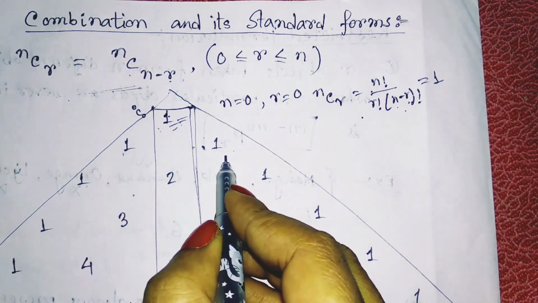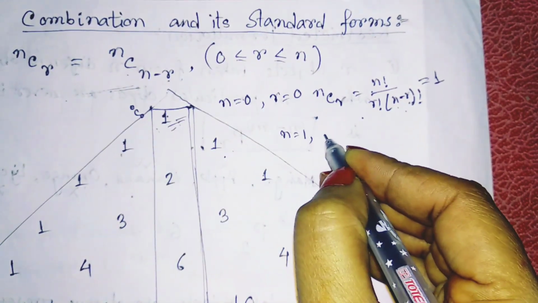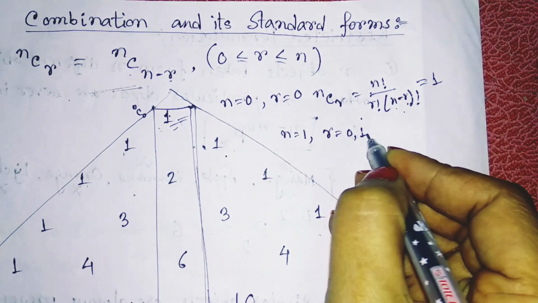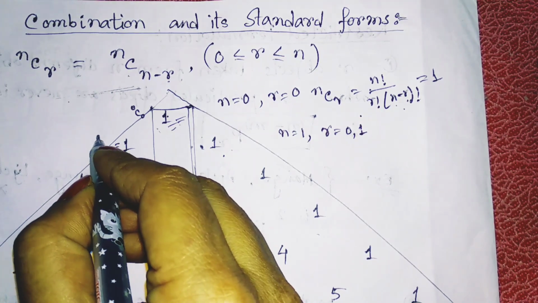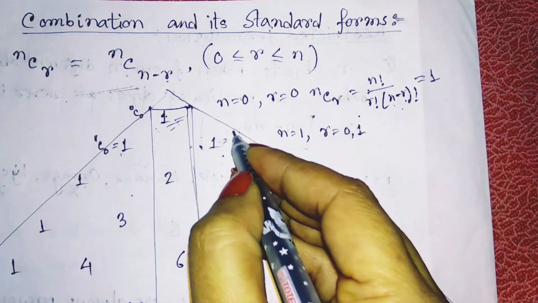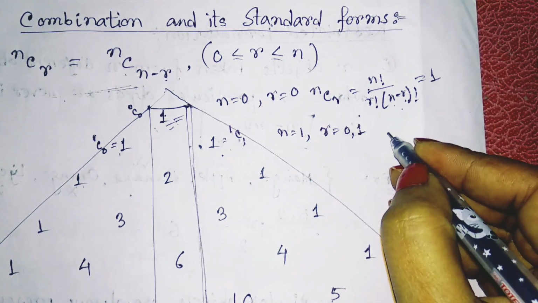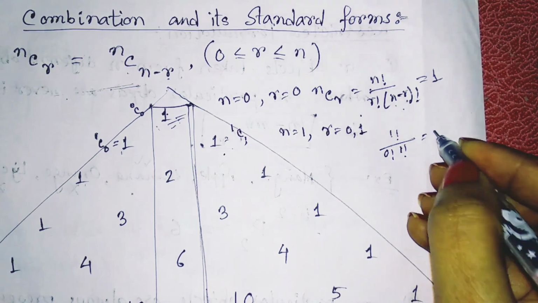Next, the second one. Here n is equal to 1. So r has two options, either 0 or 1. According to this, the values are 1C0 and 1C1. So 1C0 means 1 factorial by 0 factorial into 1 factorial, so it is 1.